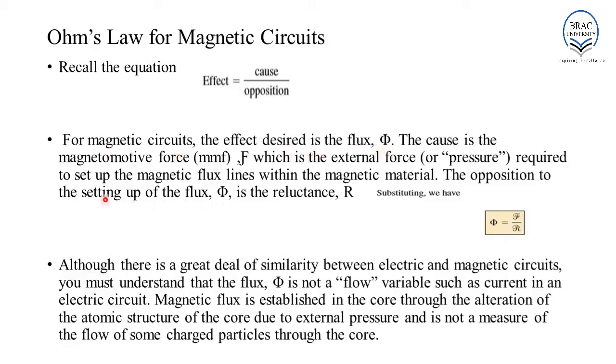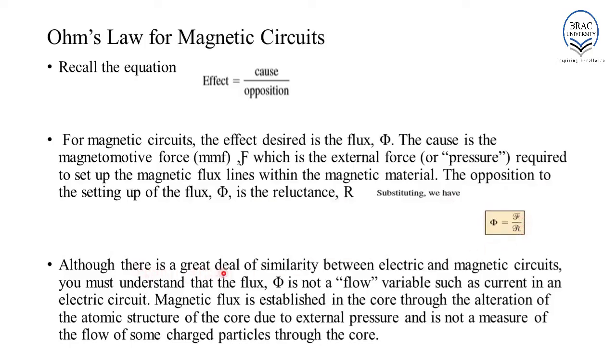The cause is the magnetomotive force MMF represented by this symbol, which is the external force or pressure required to set up the magnetic flux lines phi within the magnetic material. The opposition to the setting up of the flux phi is the reluctance R. Hence, if we substitute, we have phi equals F by R.